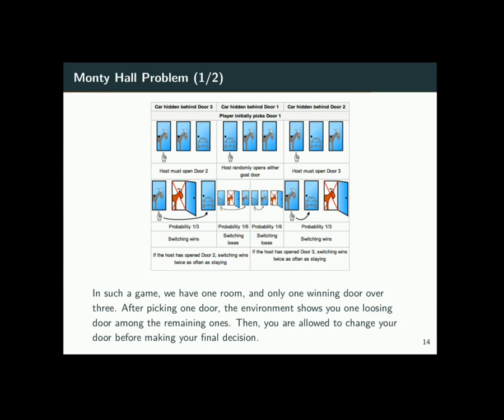So I'm choosing one door, but the opponent, which in this case is the presenter of the quiz or the show, is not opening your door already, so you do not know whether you won or not. But is actually going to open one of the two other doors.